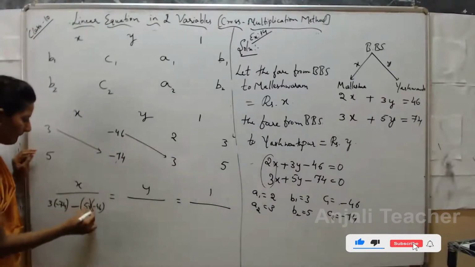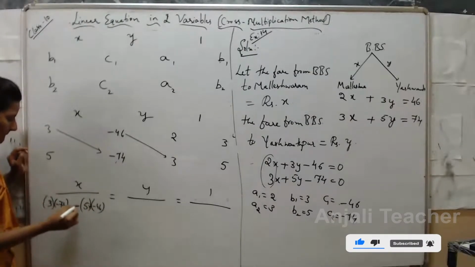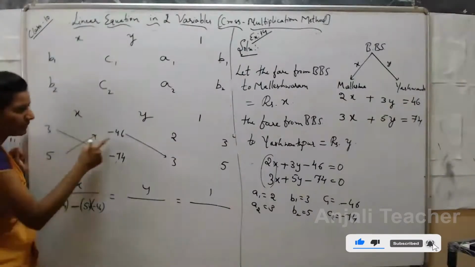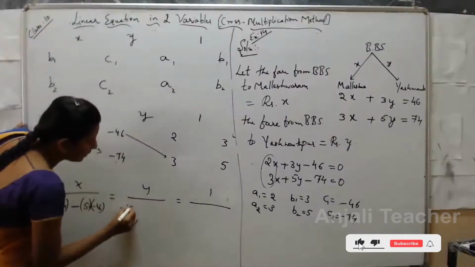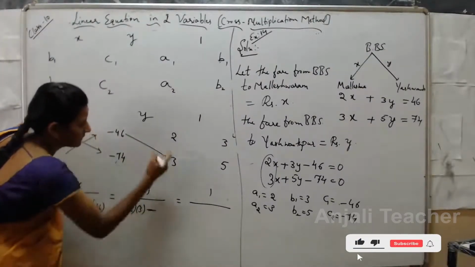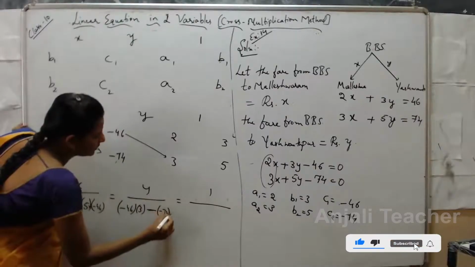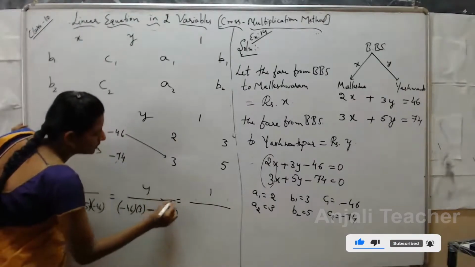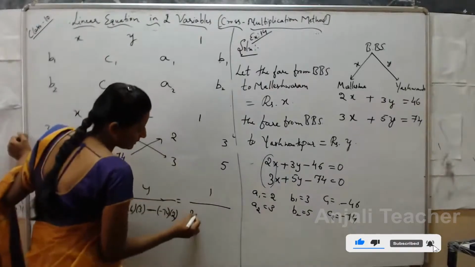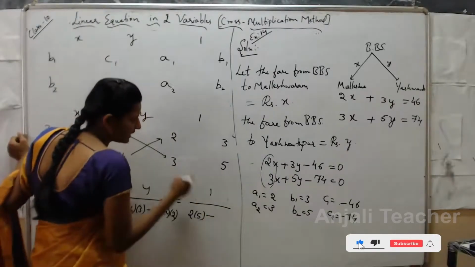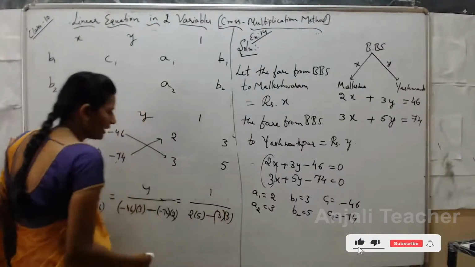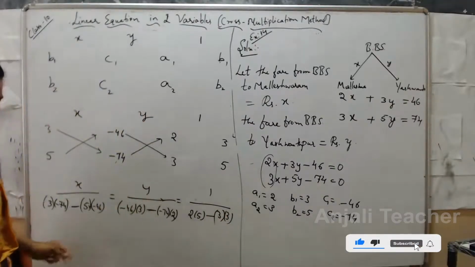Okay. Next, this one. Minus is taken while multiplying upside. Minus 46 into 3 minus 74 into 2. Next, 2 into 5. According to the formula, there is nothing. 3 3s are 9. Okay. Now we have to multiply these two and simplify it.